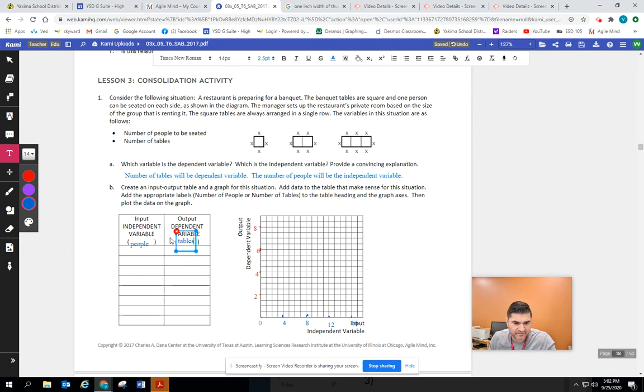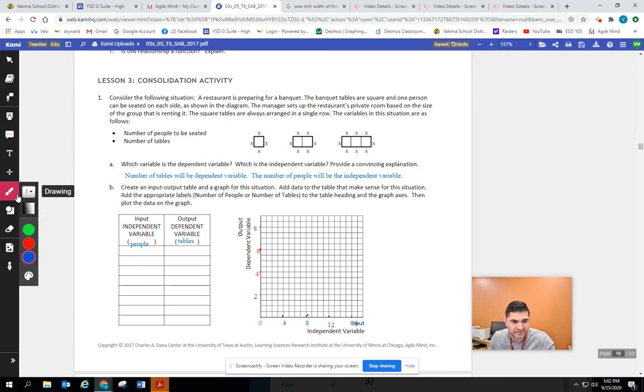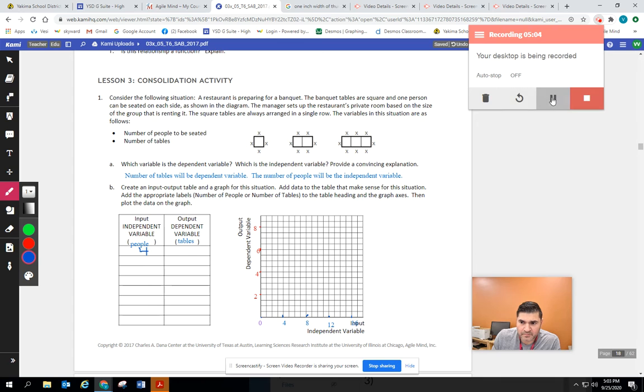Tables. Okay, I'm just going to go old school here. So if I have 4 people, I'm going to go ahead and write that in. 4 people. So if I only have 4 people attending, then I only need 1 table.